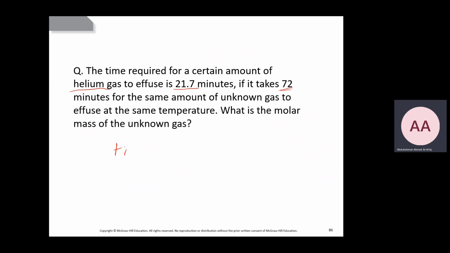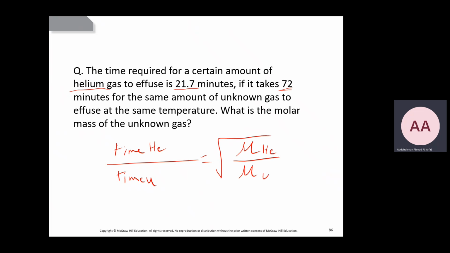Now, since we have time of helium over time of unknown, and since it's time, this is equal to the square root of the molar mass of helium over the molar mass of unknown. And now, same thing, put the times, 21.7 here and 72 here. And we know the mass of helium, which is about 4, so calculate MU.